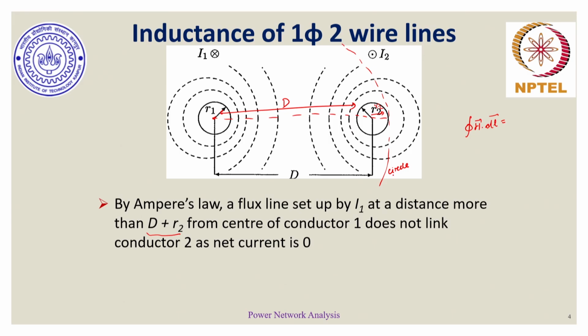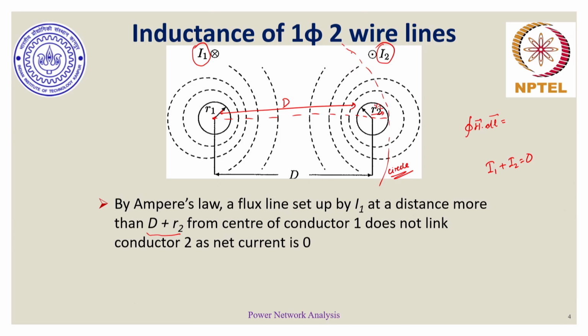Now let's look at this surface which I have considered to be a circle. Inside this circle, there are two conductors. Conductor 1 is carrying current I1, conductor 2 is carrying current I2, and since it is a single phase two wire circuit, I1 plus I2 is always 0 because I2 is the negative of I1.